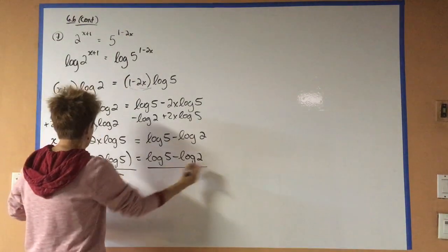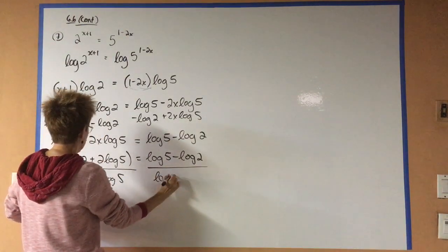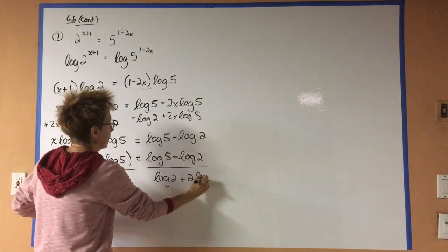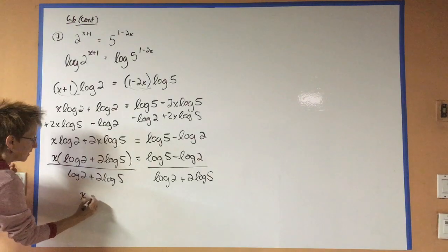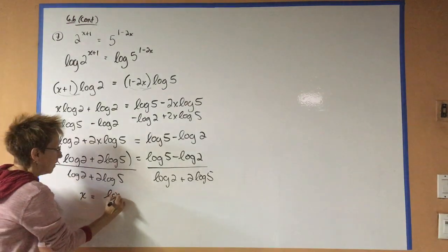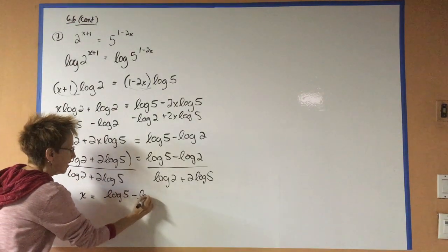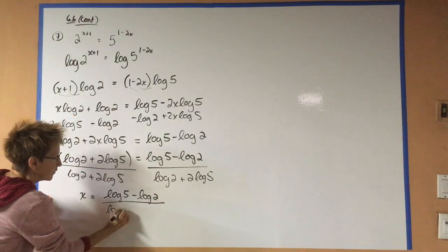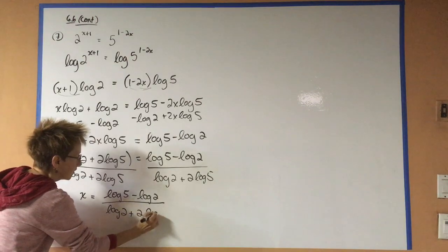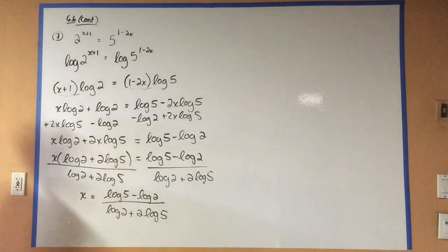And then I'll divide this side, the entire side, by log of 2 plus 2 log of 5. So that cancels, and I'm left with x is equal to log of 5 minus log of 2 all over log of 2 plus 2 times the log of 5.